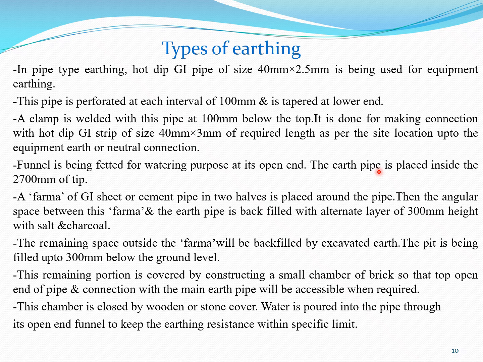The remaining portion is covered by constructing a small chamber of brick so that the top open end of the pipe and the connection with the main earth pipe will be accessible when required. This chamber is closed by a wooden or stone cover. Water is poured into the pipe through its open end funnel to keep the earth resistance within the specific limit.